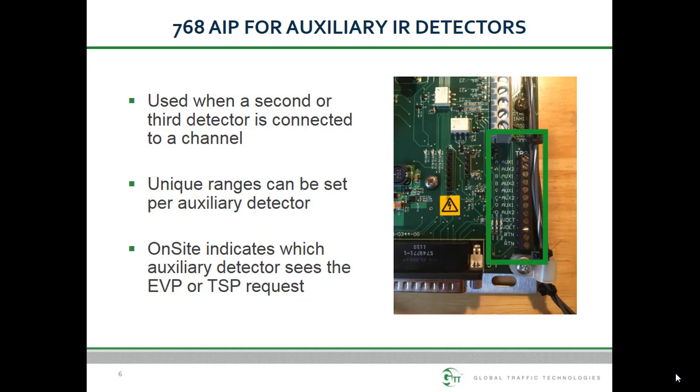The AIP provides connections for 2 auxiliary detectors for each of the 4 channels. Although it is possible to land signal wire from more than one detector on the same terminal, it is not recommended. By using these inputs, it is possible to set range independently for the auxiliary detectors versus the primary detectors.